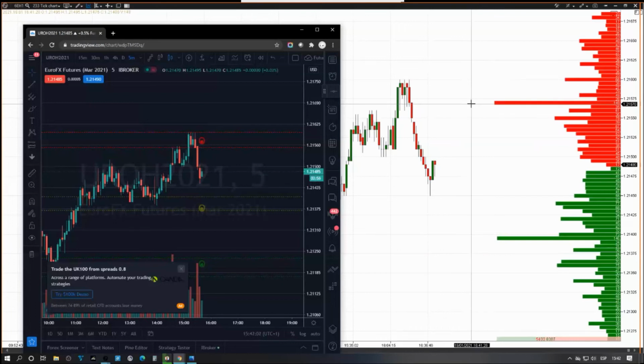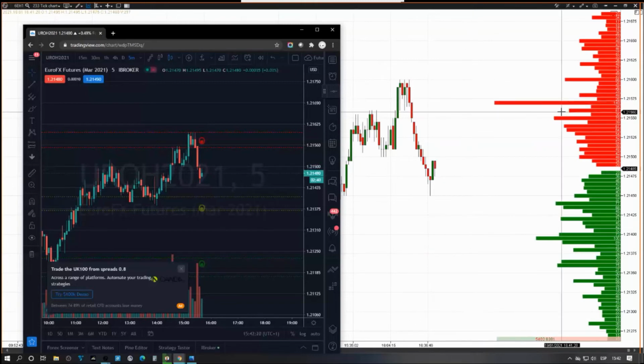You need to have an edge. You need to be ahead of the other traders in order to win here. Remember that you are just a little fish in the ocean where there are a lot of sharks and whales. So you need to be very, very careful and have an edge over the other traders. And this is one way to have that edge.